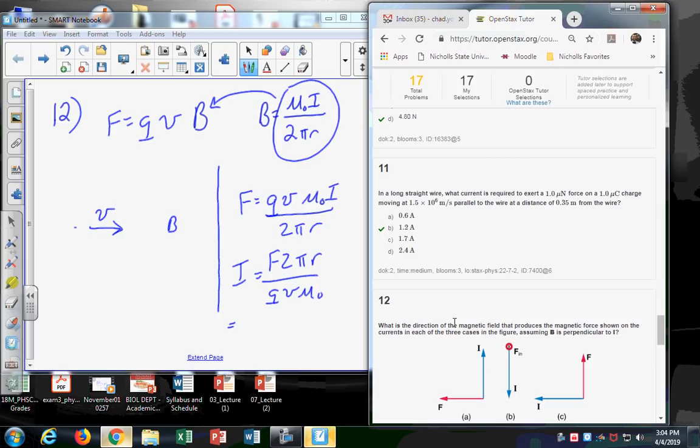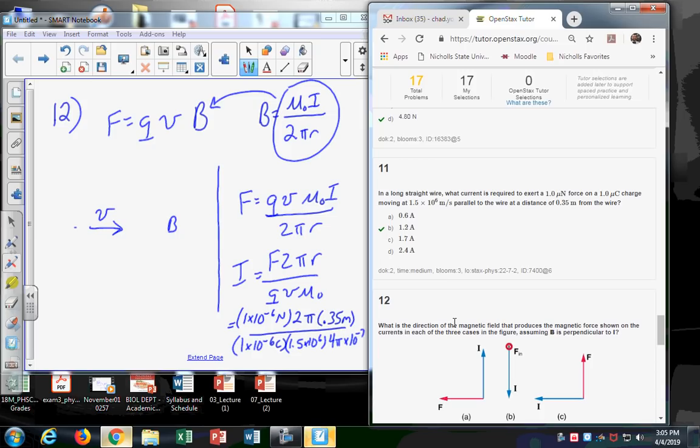F is going to be 1 micronewton, 1 times 10 to the minus 6 newtons. 2 pi R is the distance from the wire, that's 0.35 meters, divided by Q, which is a 1 microcoulomb, 1 times 10 to the minus 6 coulombs. V is given, 1.5 times 10 to the 6th, times mu naught, which is 4 pi times 10 to the minus 7.